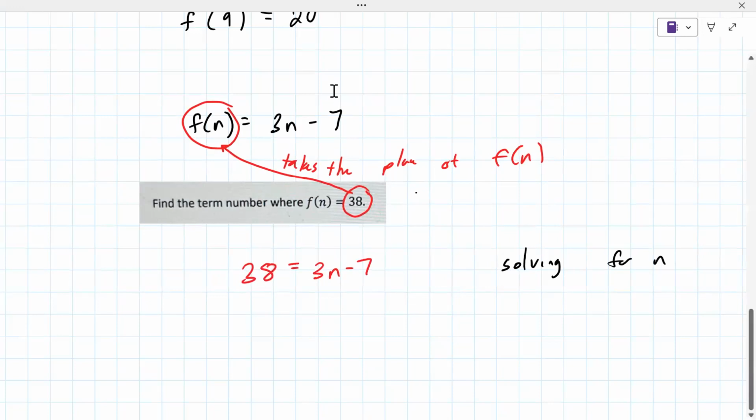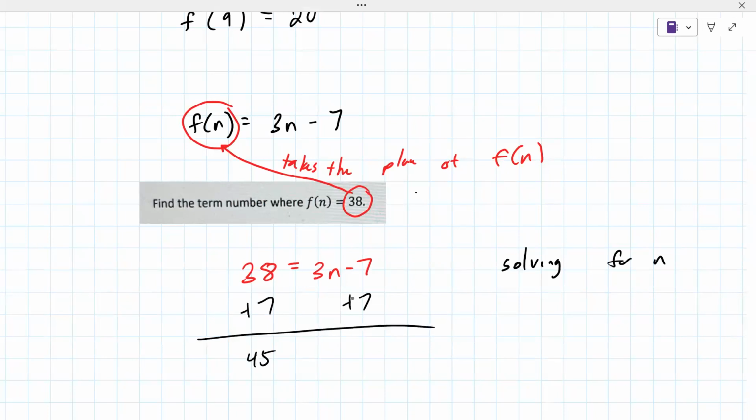Oh, I see. Okay, let me try that. So give that a try, please. n equals 15. That sounds pretty good.